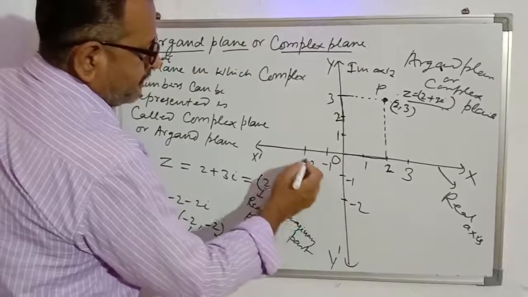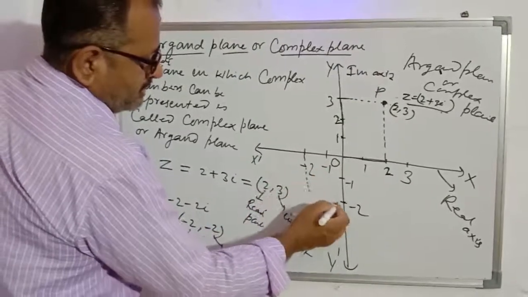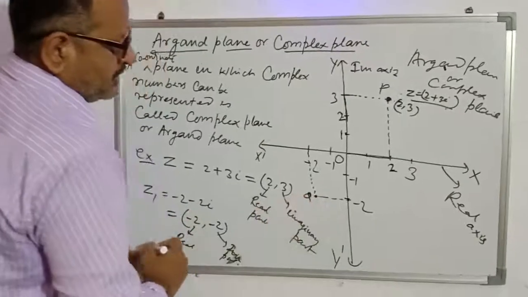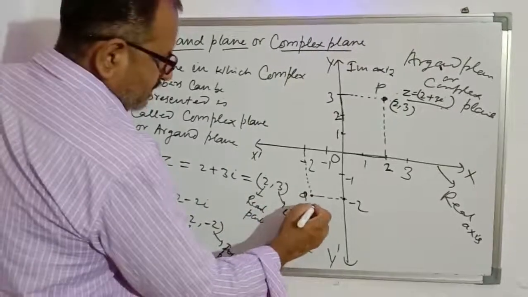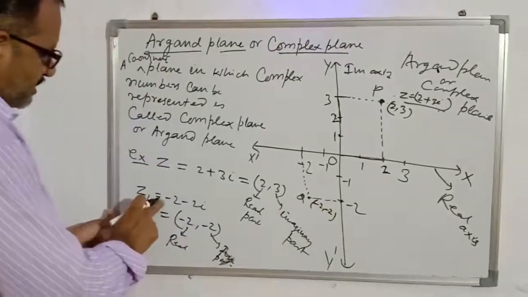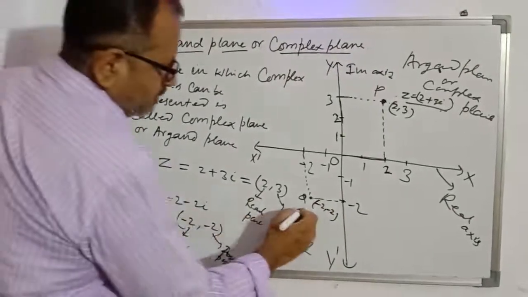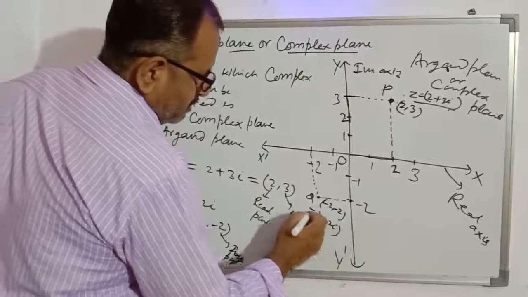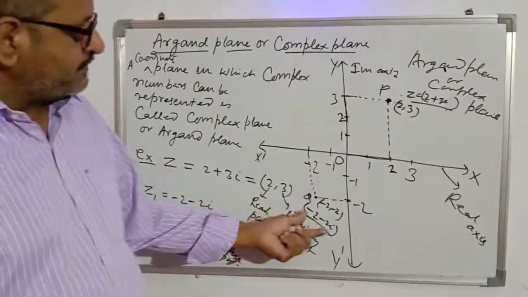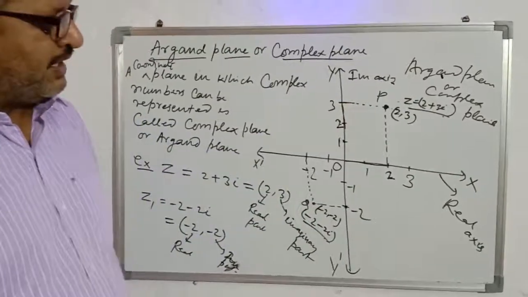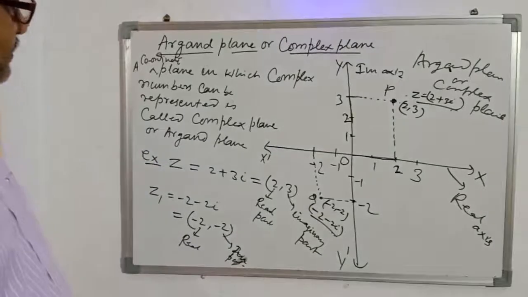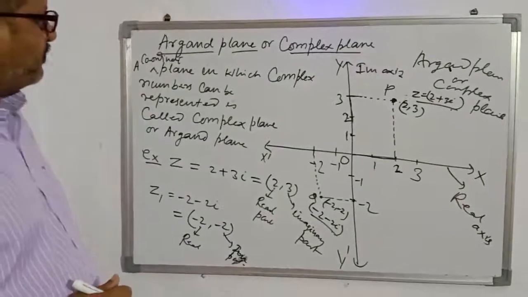So we reach here. This point, suppose it is Q, represents (-2, -2), which means it represents the complex number minus 2 minus 2i. So complex numbers can be represented as ordered pairs in the complex plane. I hope that it is clear to you.